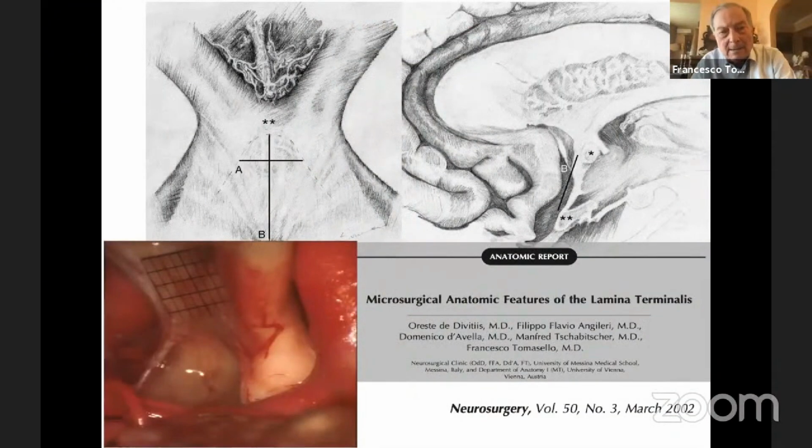We studied the lamina terminalis in the Department of Anatomy of Vienna with Manfred Tschabitscher and measured the sizes of the lamina terminalis, which has no neural elements, just to have the idea how big we can have an opening of the lamina terminalis without injuring the optic nerves.